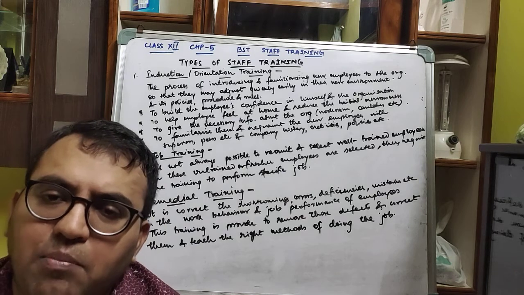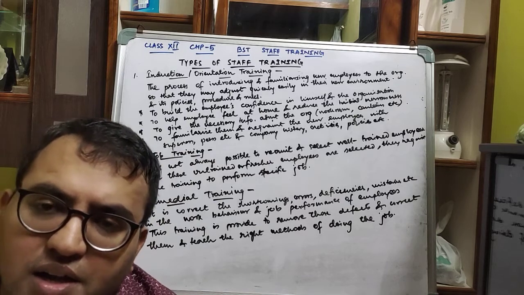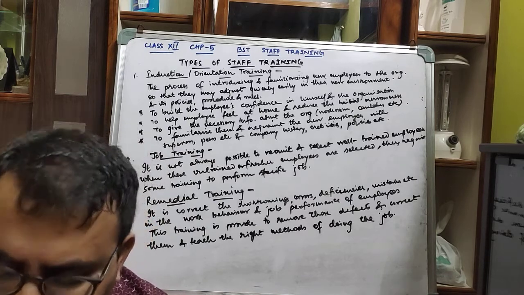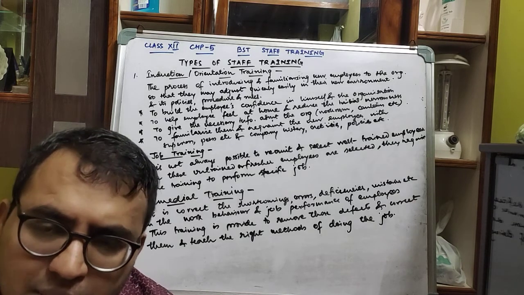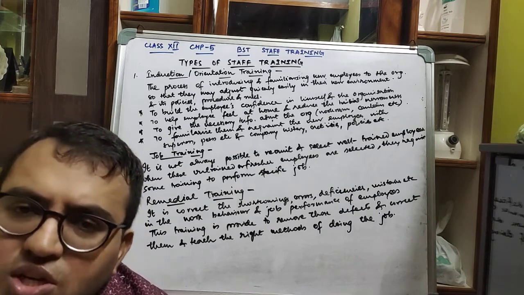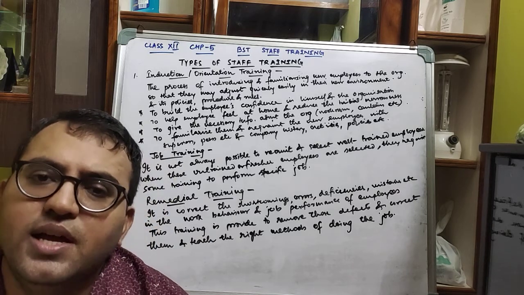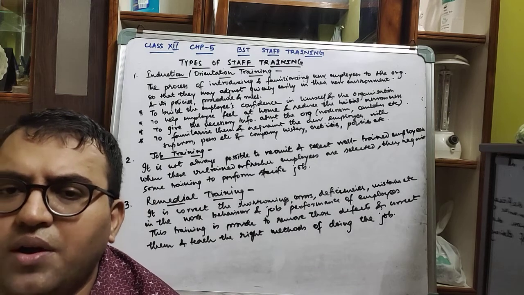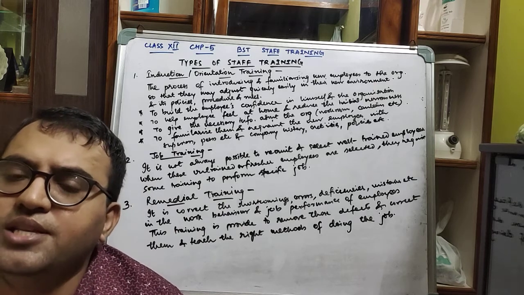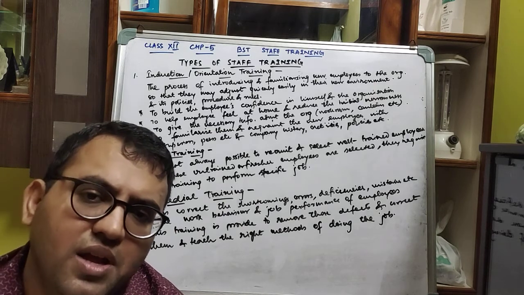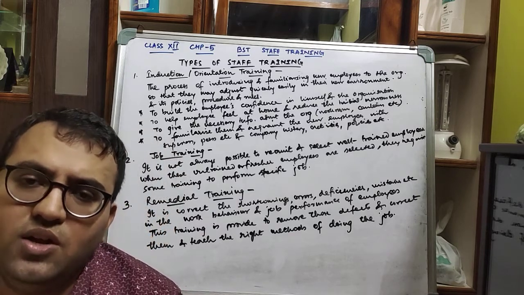So job training is a type of training where on the very specific job, the training is given to the specific candidate or employee, because in every area, in every dimension, the organization cannot always recruit and select trained employees, because there are sometimes untrained or fresher employees who are recruited and selected on the basis of their knowledge and academic qualification, on the basis of their academics and aptitudes, but the employees do not possess the training.